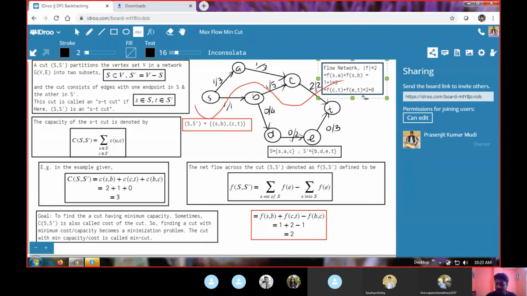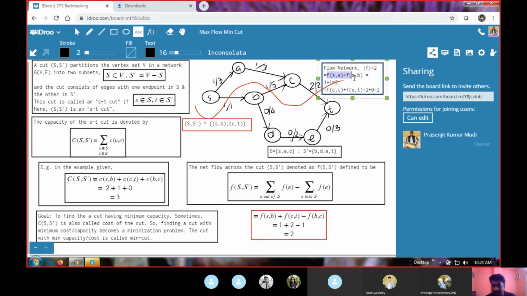So 2 plus 0 equal to 2. And you know, from the conservation of flow rule, this is true, that the sum of all the flows outgoing from source must be equal to the flows of all the edges incoming to the sink, that is 2 and 2.